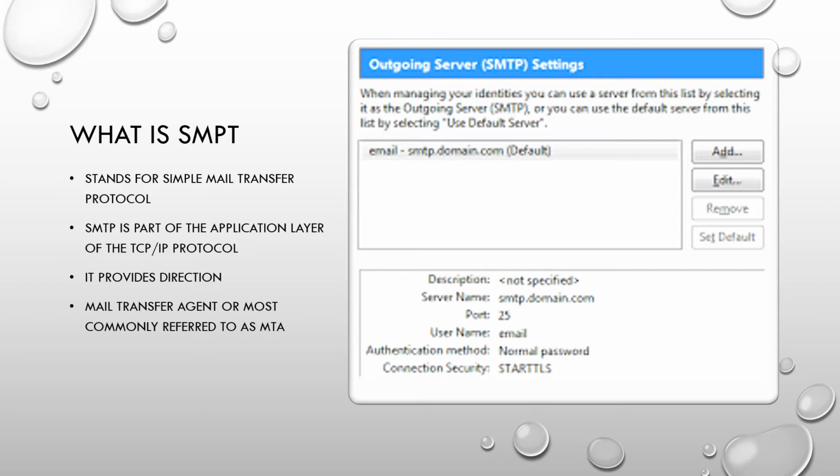So that's another pretty interesting thing that you'll hear fairly often when referring to the SMTP server. So the difference so far is that SMTP is primarily responsible for the sending end of the email, so it's going to work hand in hand and seamlessly with POP3.